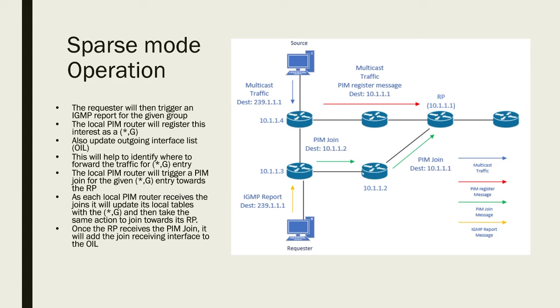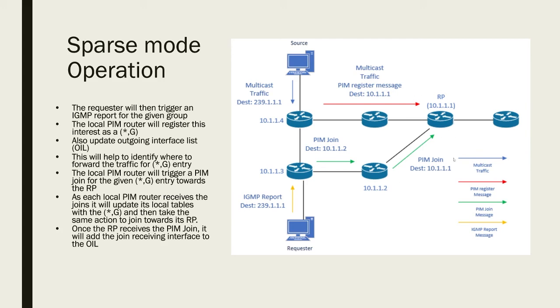Someone outside of that interface is interested in this specific star,G state. So it itself is going to store this star,G state. It's going to identify, okay, I've got an outgoing interface that is registered and that is interested out of this interface. As a result, I need to then request this multicast state because I don't know it. So I'm going to send a join upstream towards the rendezvous point.